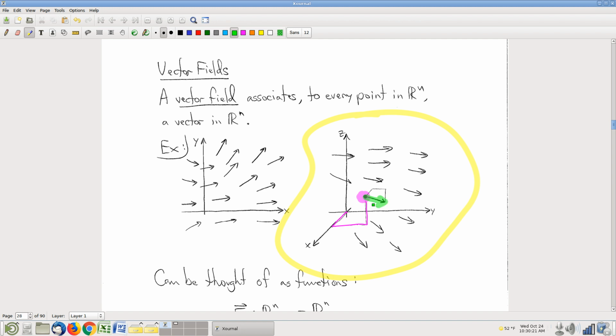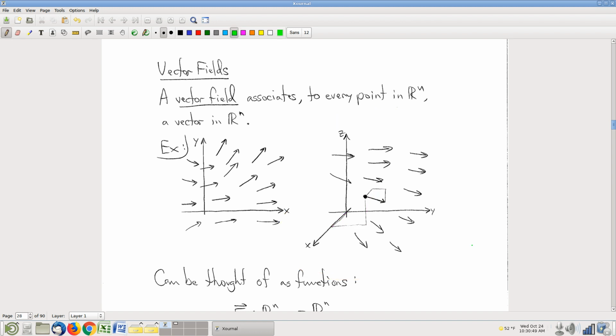Just to help you see what that vector is intended to look like, and it's just an example I made up, nothing really important about this example, I'm going to draw these little guide frameworks indicating the x, y, and z coordinates. So that arrow, I'm intending for you to view that as going into the page and down and to the right, if you will. Okay. All right, so for every point, there's an associated vector.